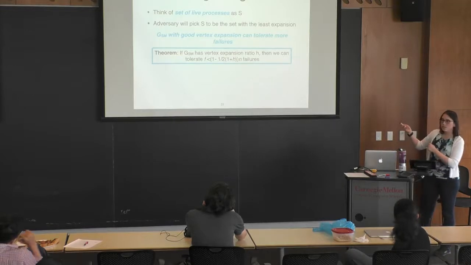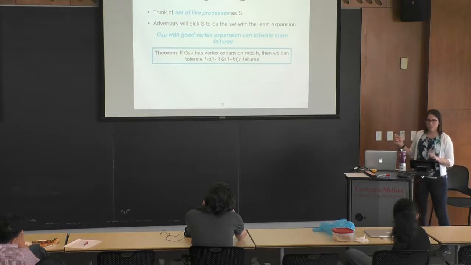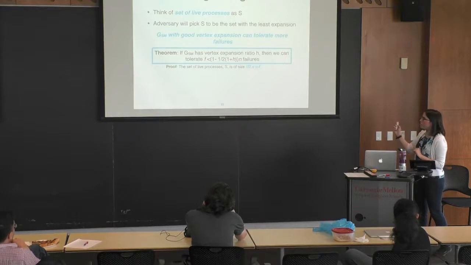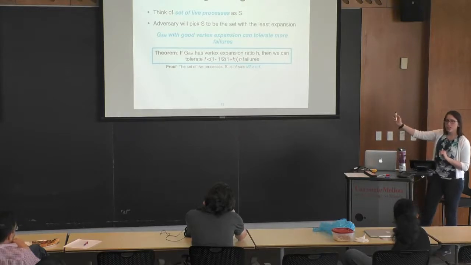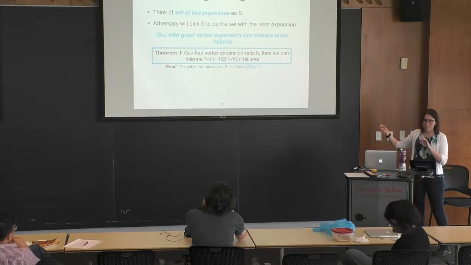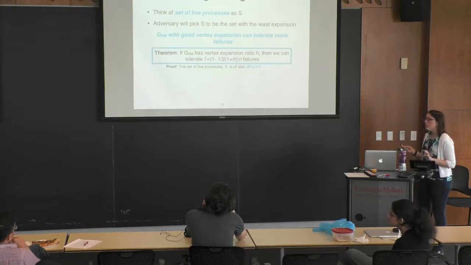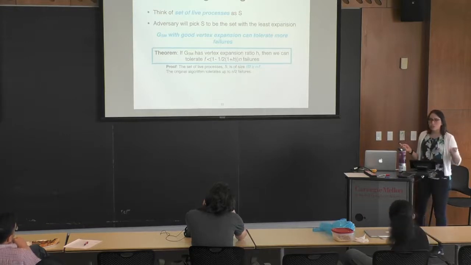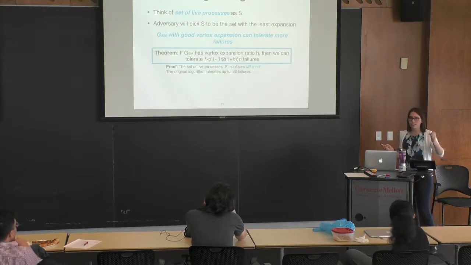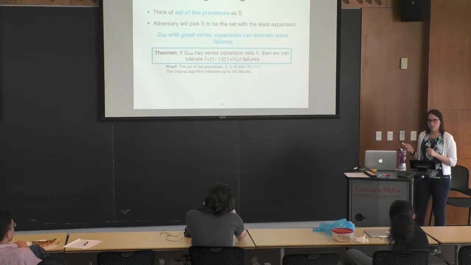This theorem is actually very, very simple, so I'll prove it to you very quickly. The idea is this. We know that the set of live processes is S, and we know that this set has to be at least n minus f, because the adversary is simply not allowed to crash any more. We know that the original algorithm has to have at least n over 2 processes participating, meaning that the number of processes that we simulate has to be larger than n over 2.